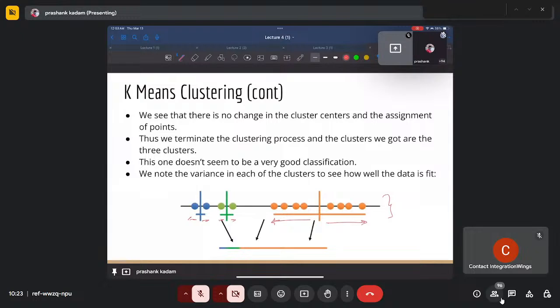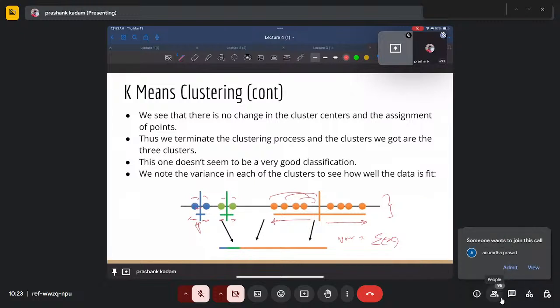So in this case, first we will calculate the distance from the center of the cluster to each data point for each cluster, and then we'll sum it up. So essentially, you're calculating variance, where you are summing up the differences in these values.